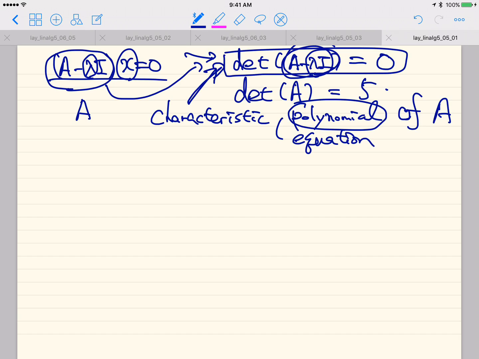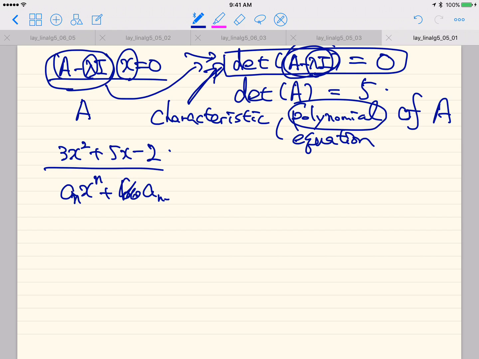So what was a polynomial? Like 3x squared plus 5x minus 2. This is one kind of polynomial, right? It's composed of a summation of terms like a_n x to the power of n, plus a_(n-1) x to the power of n minus 1, and so on, plus a_0 times x to the power of 0.